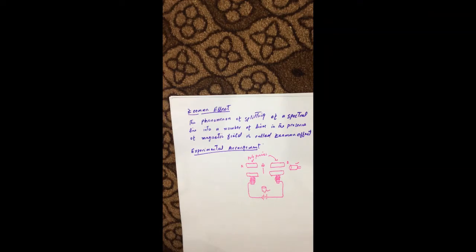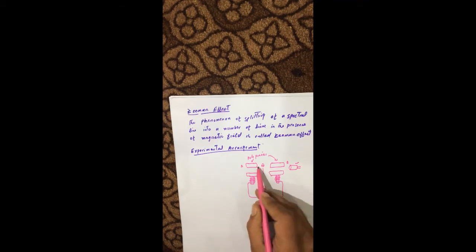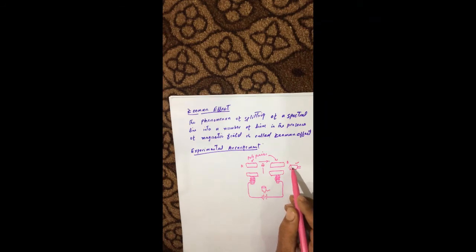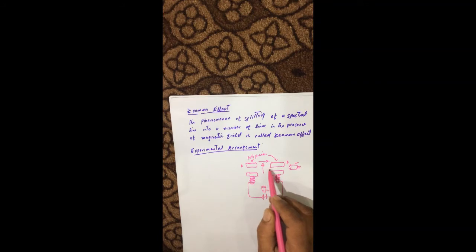Now this modified light or splitting light can be observed, like the magnetic field direction is this one. Suppose this is the magnetic field direction. So we have 2 points for the observation point. One is this and one is this. So here if we observe the modified light, we are observing it in the direction of the magnetic field, because the direction of the magnetic field and the observation point are parallel to each other.